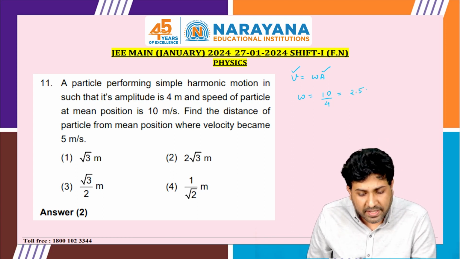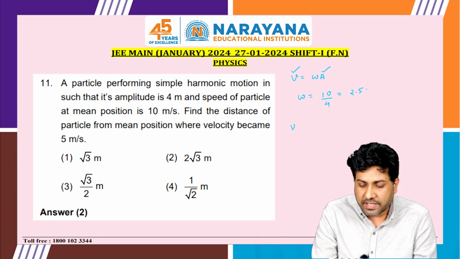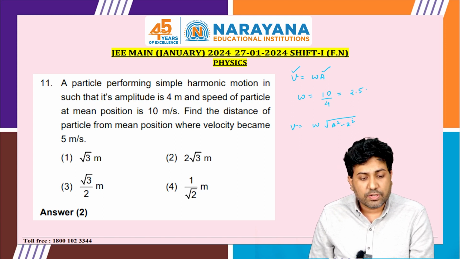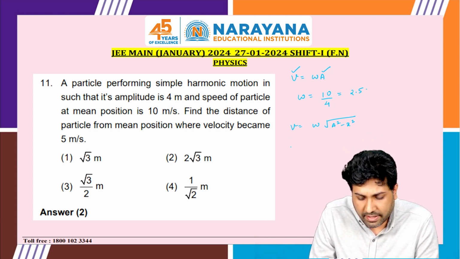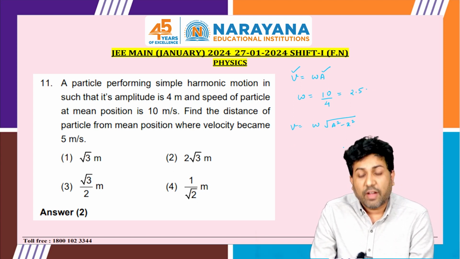Find the distance of the particle from the mean position where the velocity becomes 5 meter per second. It's very easy because we know v equal to omega root over a square minus x square. Here I have been asked to find the distance when the speed becomes 5 meter per second.